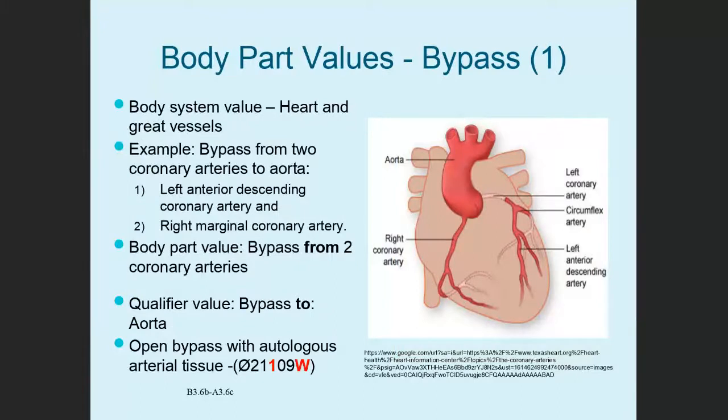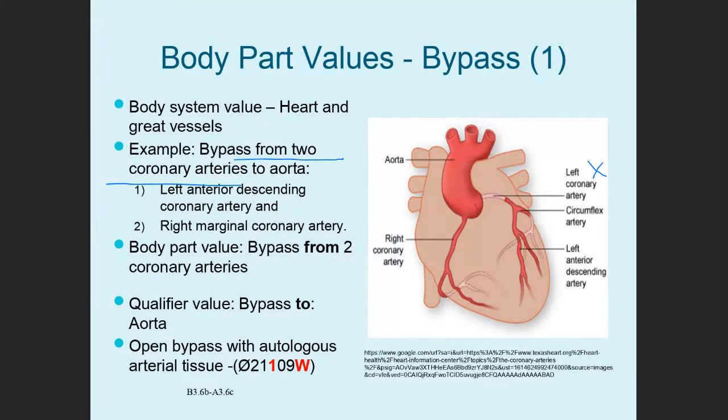So bypass is also used in the heart and great vessels category. The body part value is the area bypassed from, the qualifier is the area bypassed to, much like what we just talked about. So bypass from 2 coronary arteries, and we're saying it's the left anterior and the right marginal, which I don't see on there.